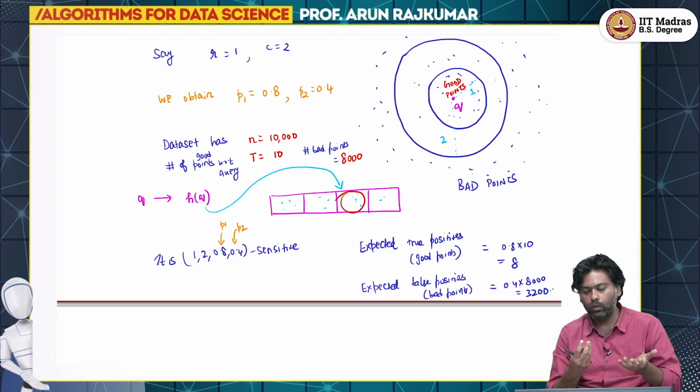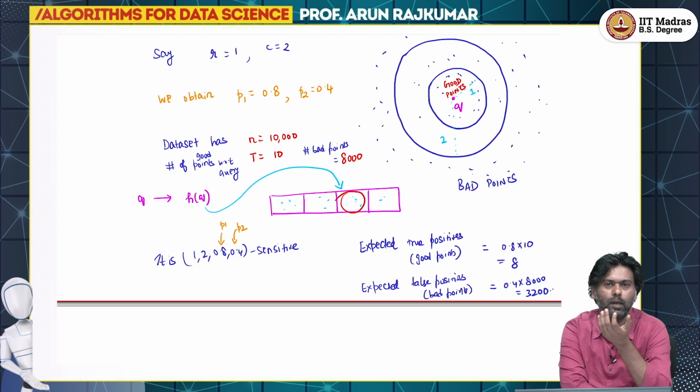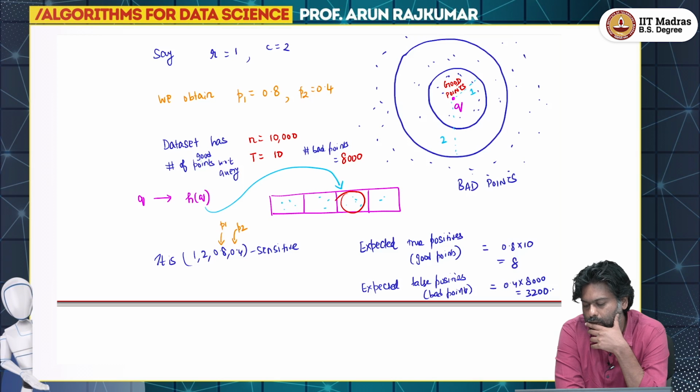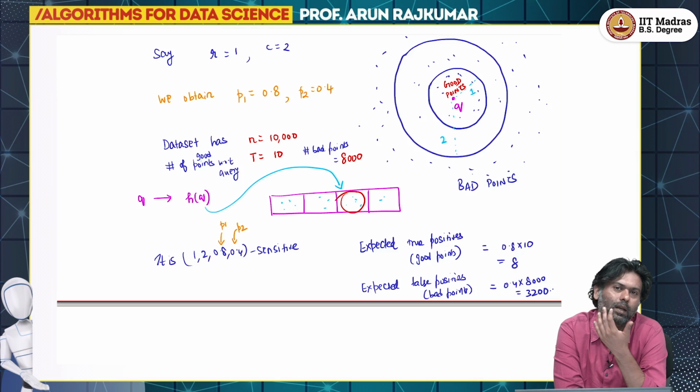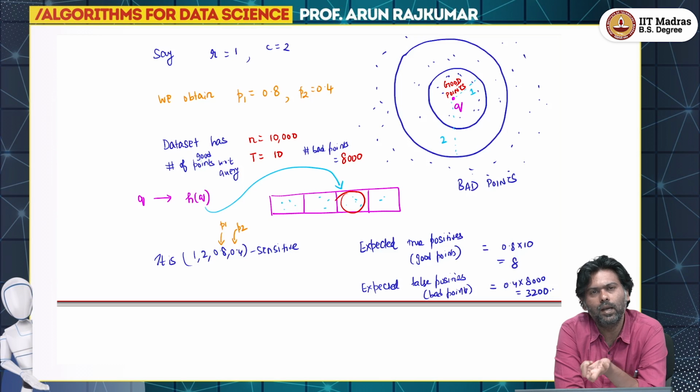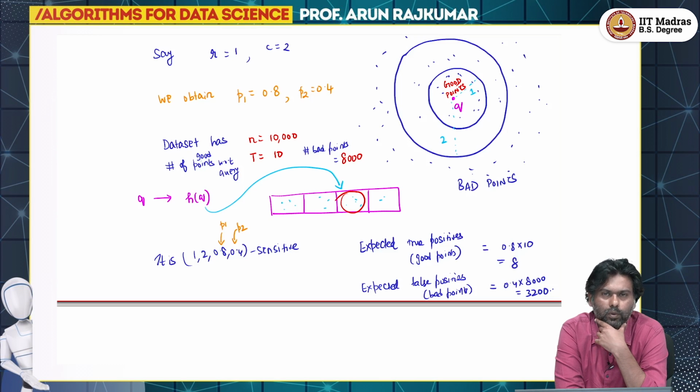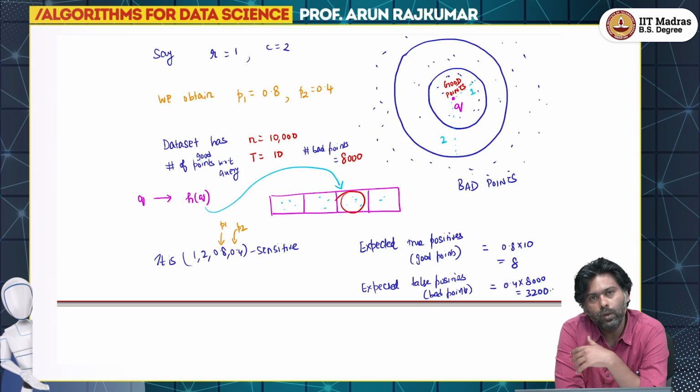Though it looks like P1 is greater than P2, I'm still doing a linear number of queries. 8,000 is order of n, 3,200 is some constant times n, which is still order of n. So I'm doing a lot of queries, even though I have a hash family.